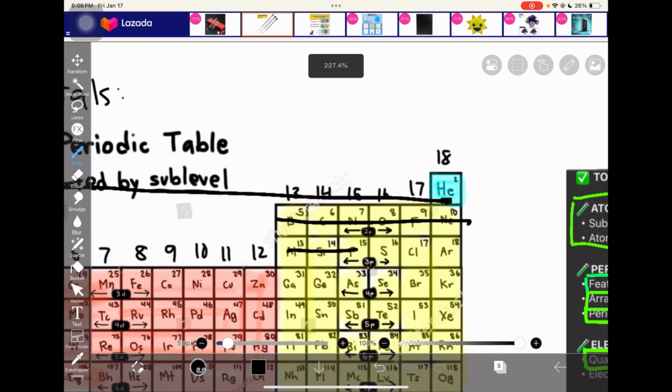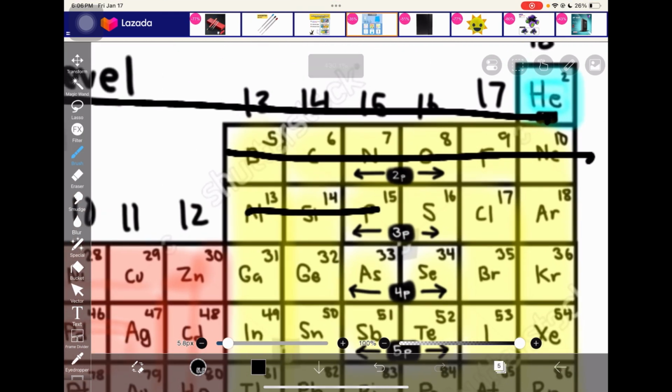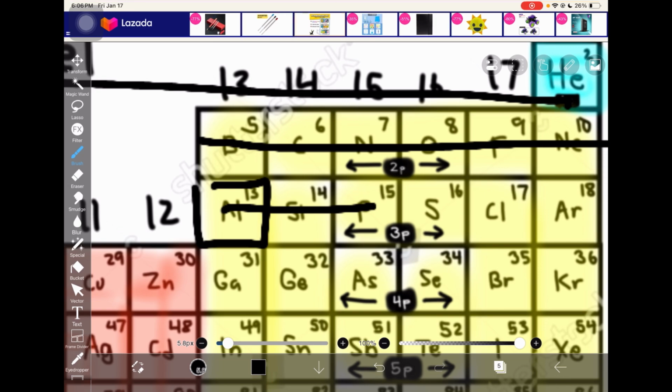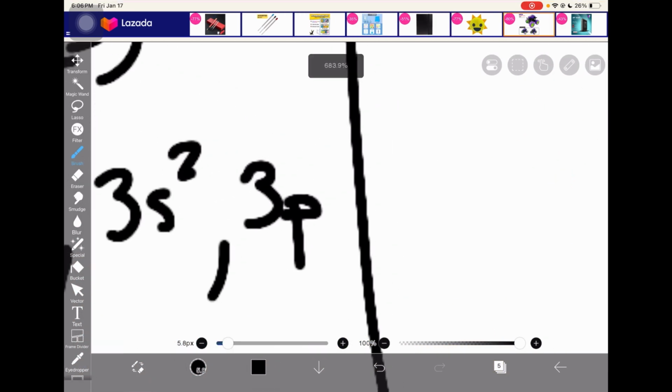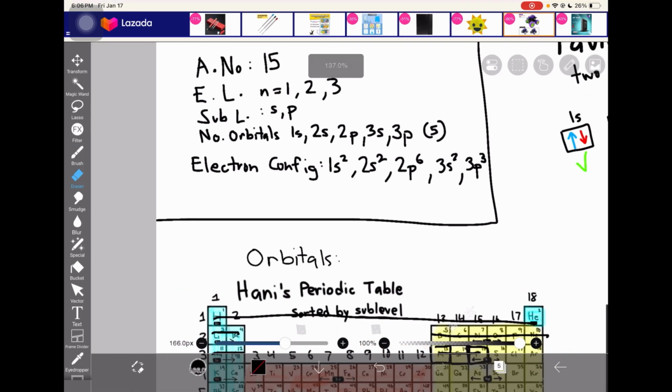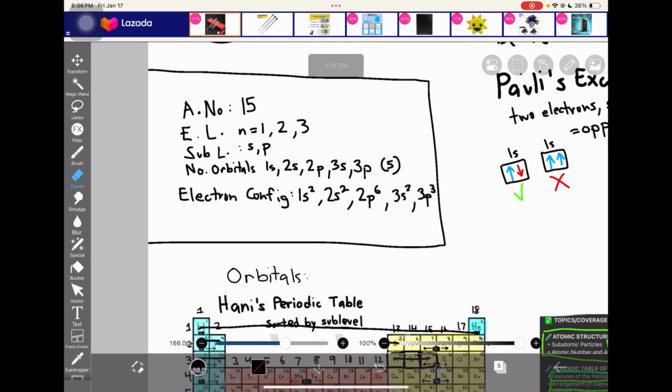Then let's locate our 3p and count how many elements we had to go through before we hit phosphorus. Aluminium is 1, silicon is 2, and phosphorus makes 3. Therefore, 3p3. And that is the electronic configuration for phosphorus. Good job. If you're still getting it, you're doing great so far.